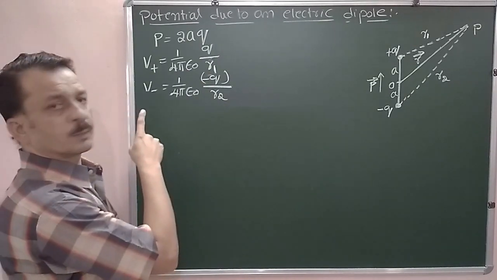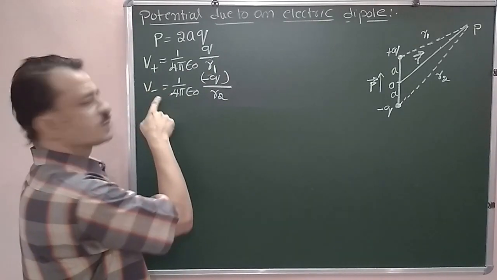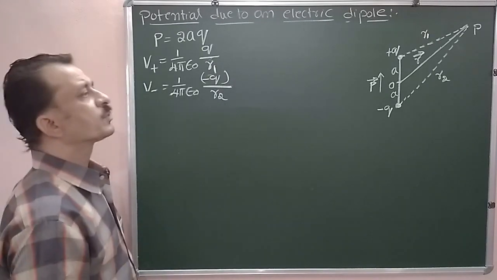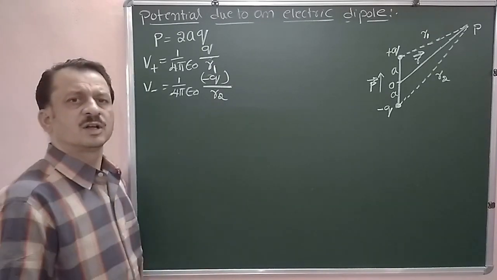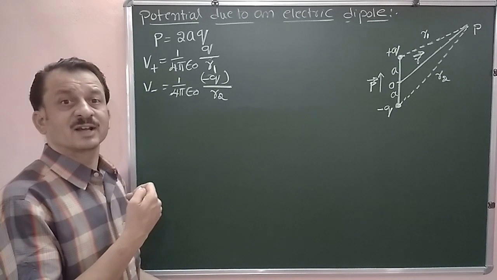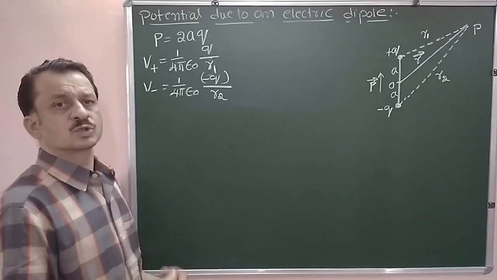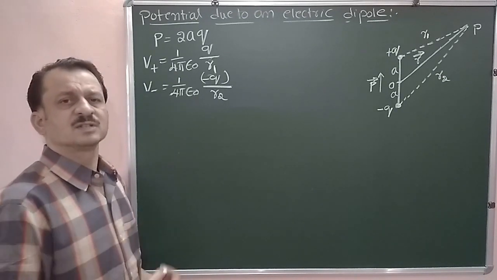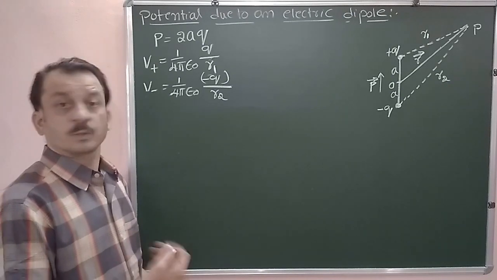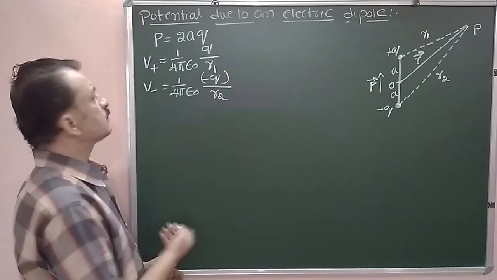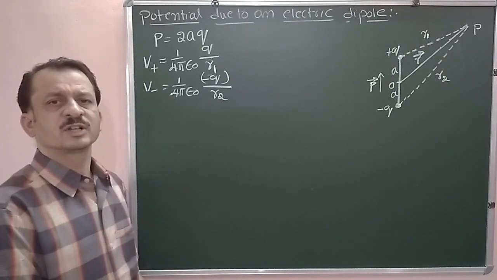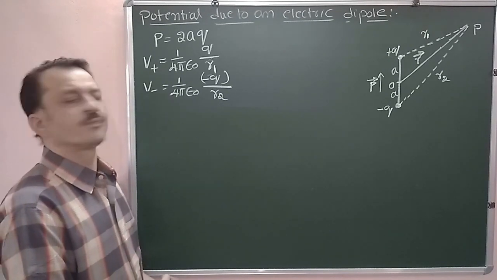Now we have the potential due to the positive charge and the potential due to the negative charge. Similar to the case of electric field and electrostatic force, which obey the principle of superposition, the same principle of superposition also holds good for potential.